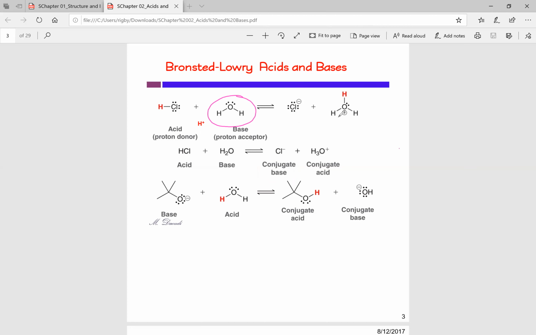And we can see on the product side that we end up with H3O, and then the oxygen has an extra hydrogen atom attached to it. So it's more likely to donate a proton now than accept a proton. So now this guy here is going to act as an acid rather than a base. So we call it a conjugate acid. Okay? And so this is terminology that I'll be using throughout this chapter.